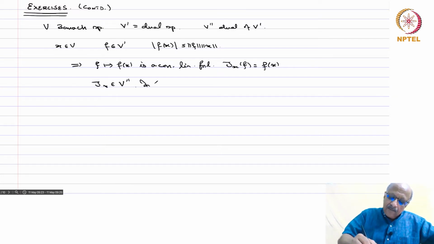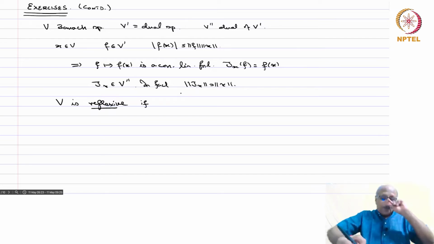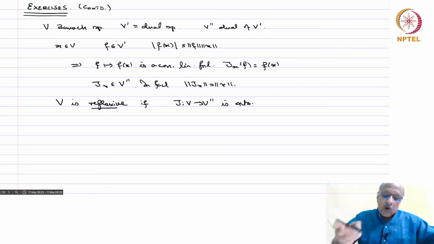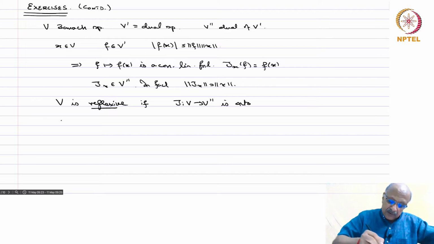In fact, the norm of Jx is the same as the norm of x. V is reflexive if J going to V double prime is onto. That means every continuous linear functional on V prime occurs in this fashion, namely it should be of the form Jx.